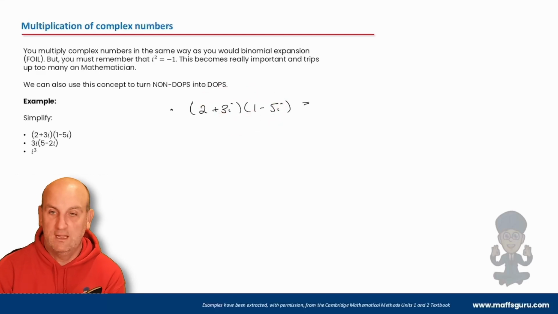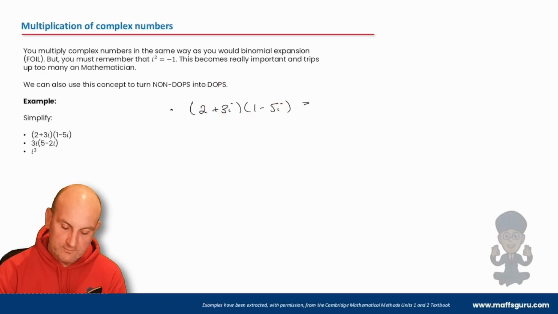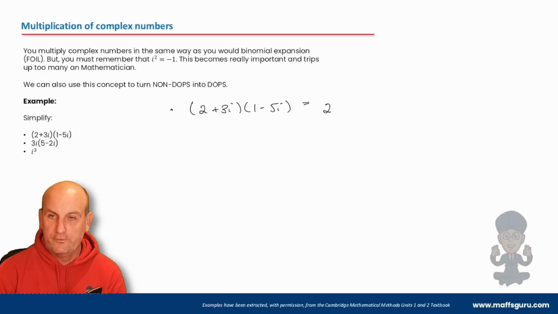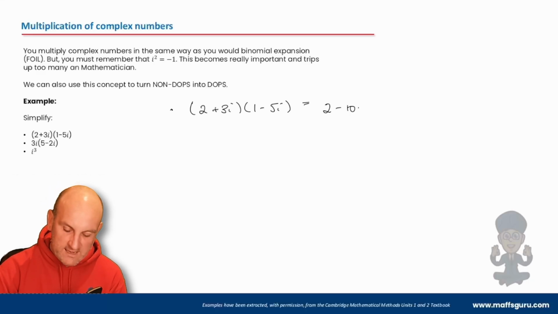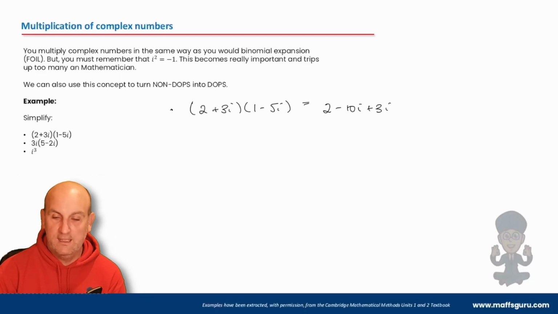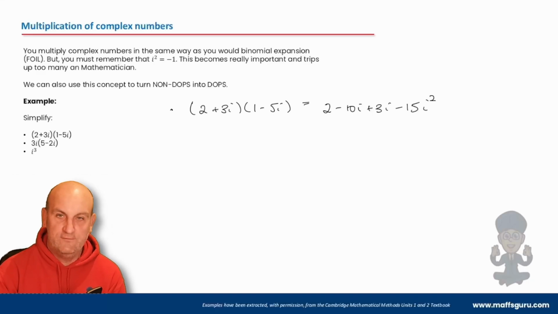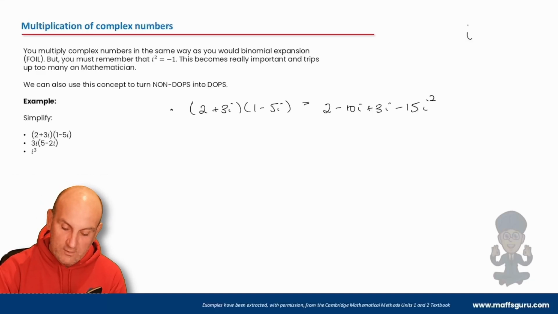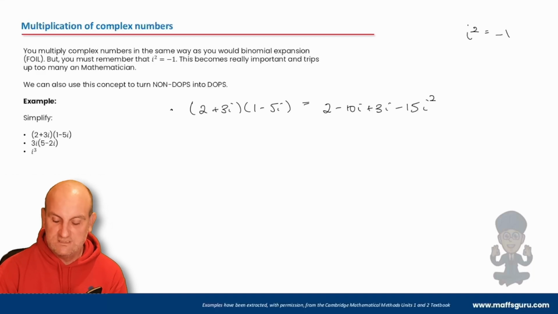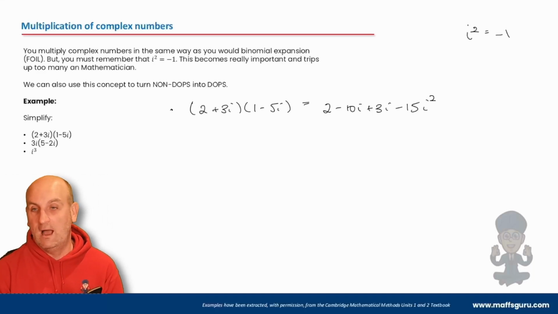Stupid expression, but anyway. So 2 times 1 gives me 2. 2 times minus 5i gives me minus 10i. 3i times 1 gives me plus 3i. Now, here we've got to be careful. 3i times minus 5i gives me minus 15, and i times i gives me i squared. Now, if you go back to the start of this video, remember, we defined that i squared was equal to minus 1. Aha!